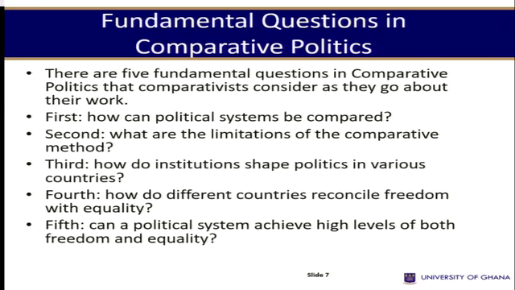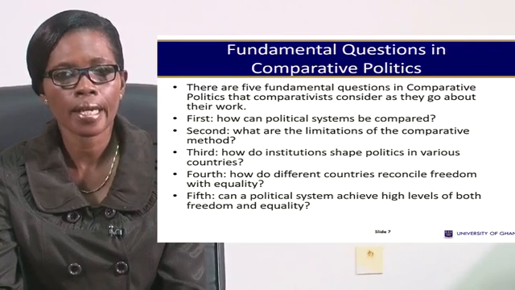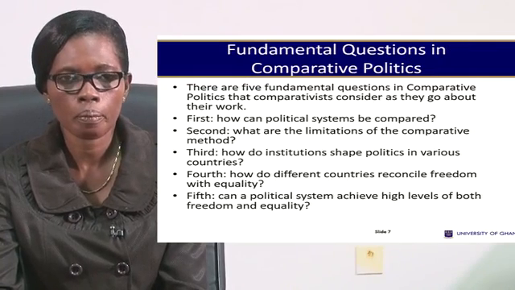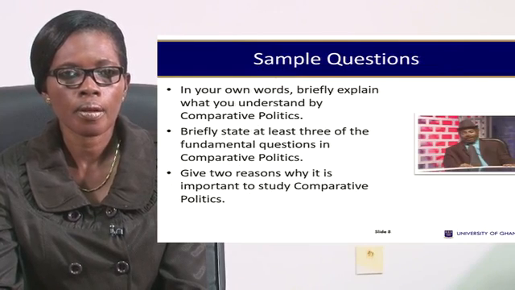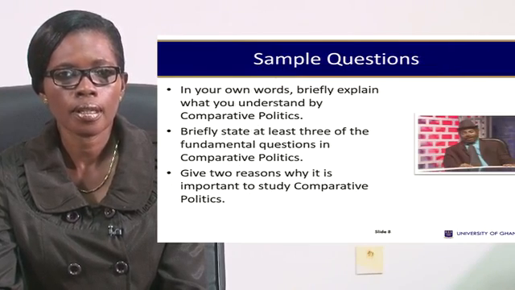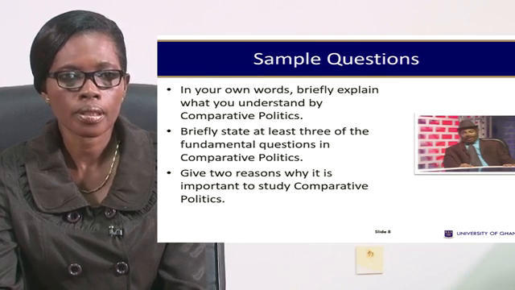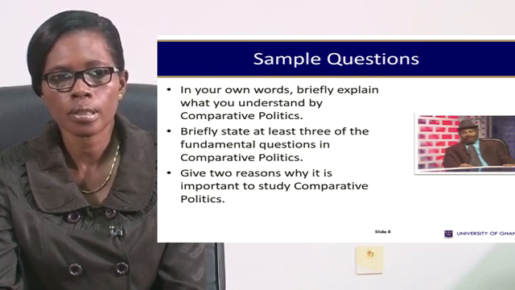Fourth, how do different countries reconcile the goals of freedom and equality? And then finally, can a political system achieve high levels of both freedom and equality? Now, there are a few questions here for you to address, to sample as you study.